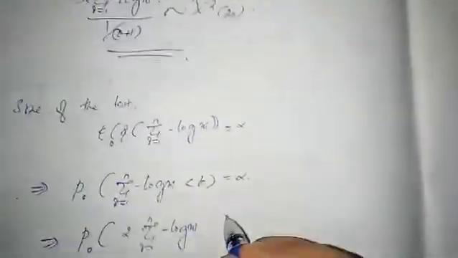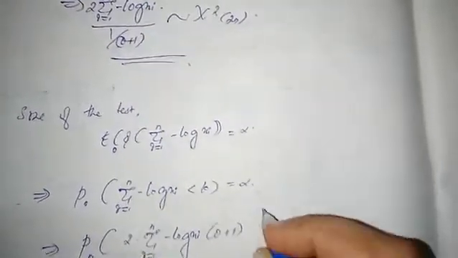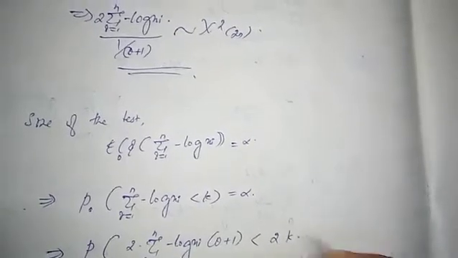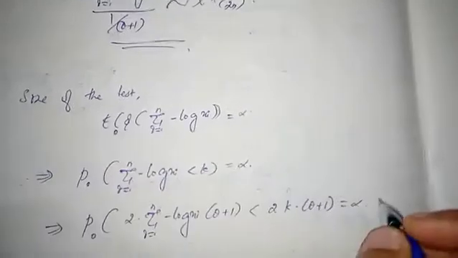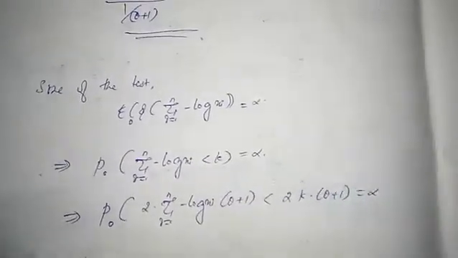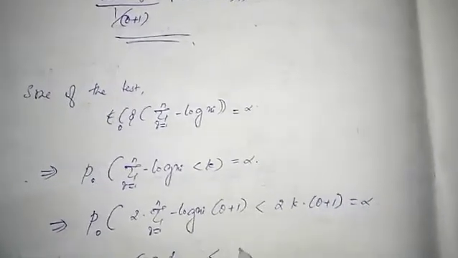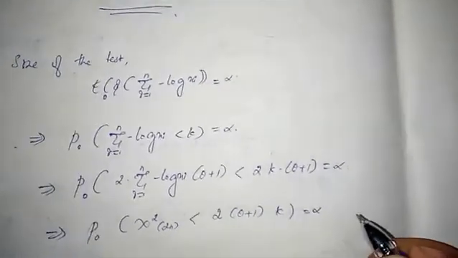Then we can write it as 2 theta plus 1 into summation, which is less than 2 into k into theta plus 1, equal to alpha. Which implies the probability that chi square with 2n degrees of freedom is less than 2 theta plus 1 into k equals alpha.